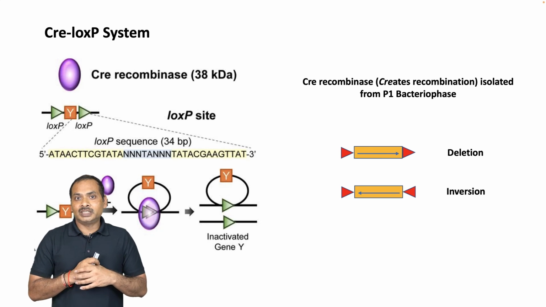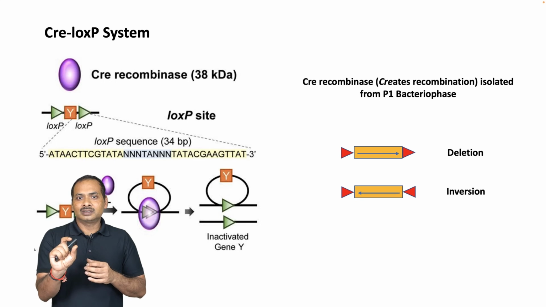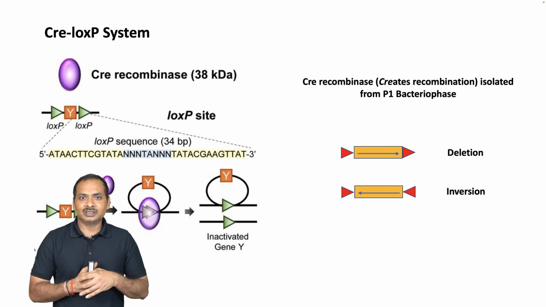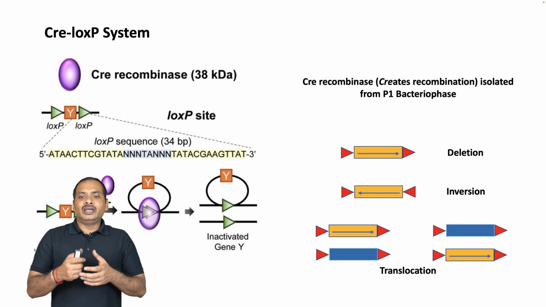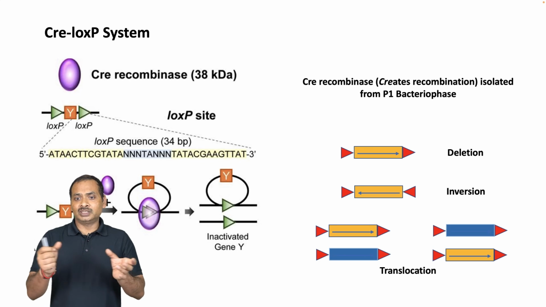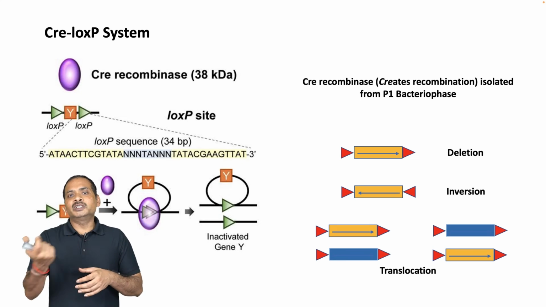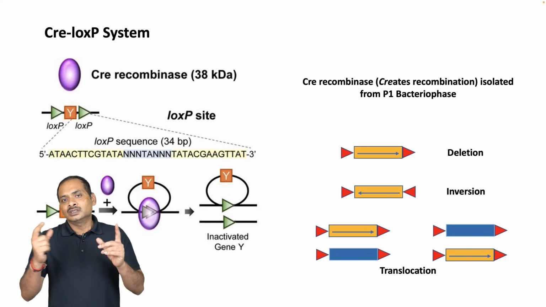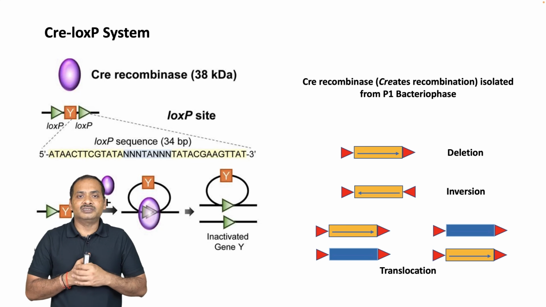But if you change the orientation, then the DNA fragment will be flipped by the Cre enzyme. So you can do all those manipulations. And if you put 4 LOXP sites in this orientation, then there will be a translocation of the intervening DNA sequences. So this is a very beautiful system, I will say.